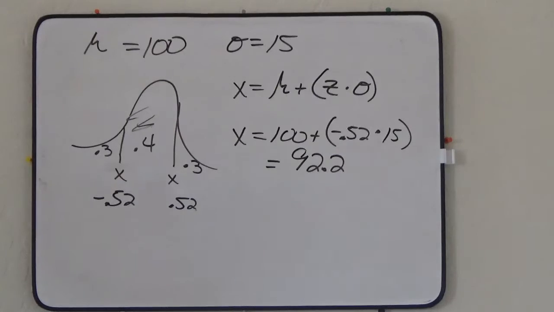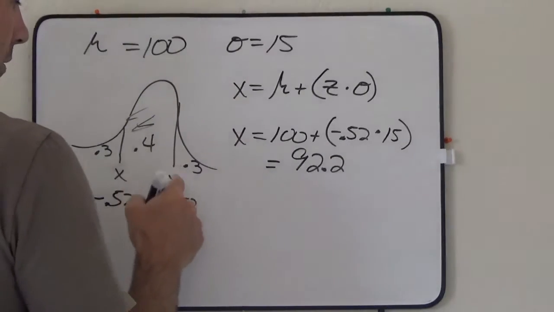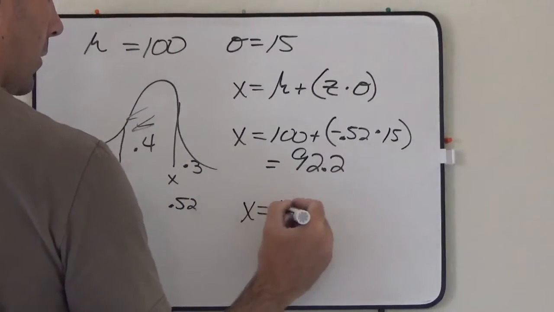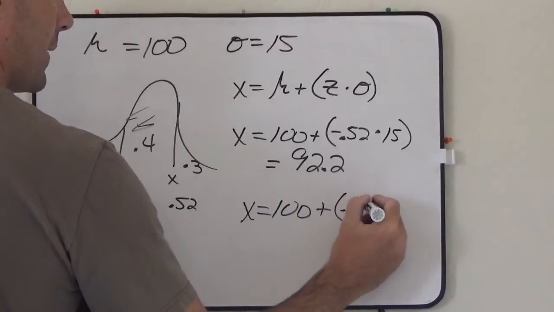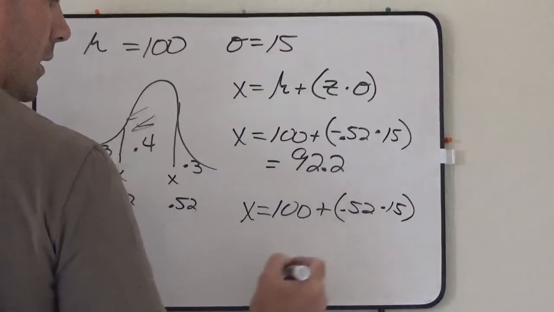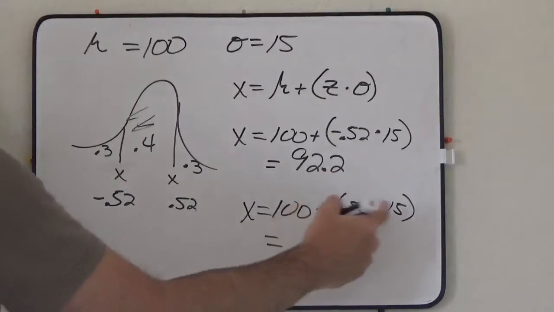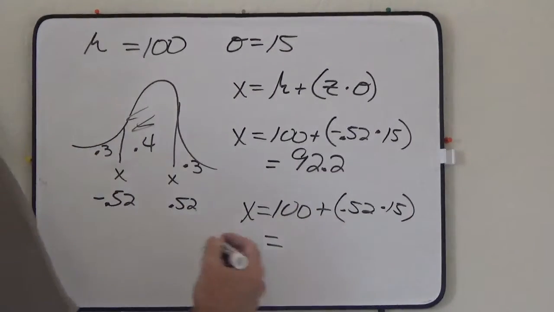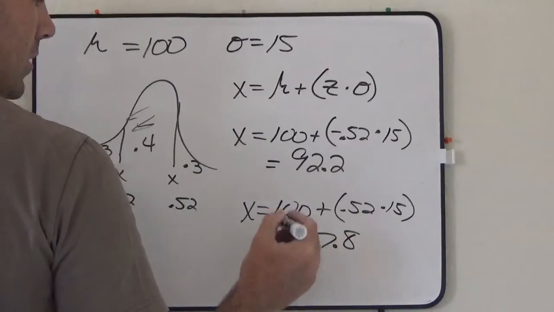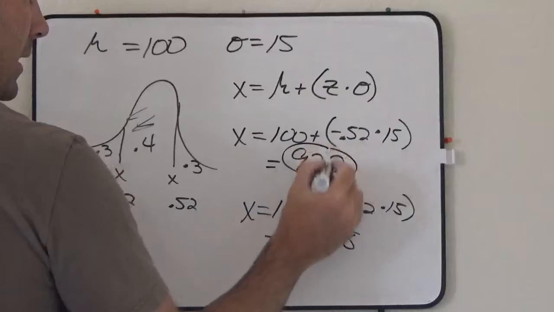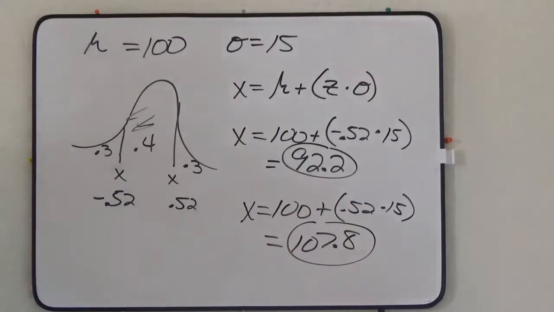Next, we want to find this value here. So x is going to equal, again, 100 plus, this time, positive 0.52 times 15. When we solve that one out, remember, multiply first and then add 100, you get 107.8. So the scores that break up the groups are these scores there. Okay? And that's it.